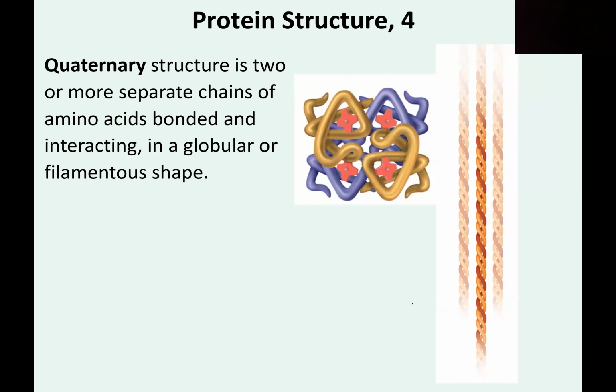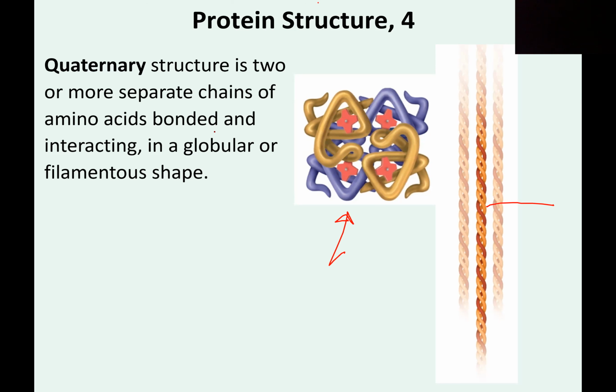So there are peptide bonds, hydrogen bonds, and ionic bonds between R groups. Again, they can either have a complex globular shape, like we see here with hemoglobin, or the filamentous shape, which is what we see over here with collagen.